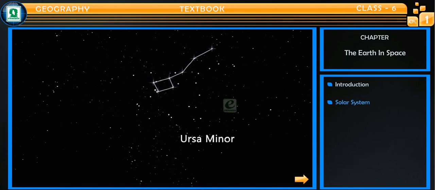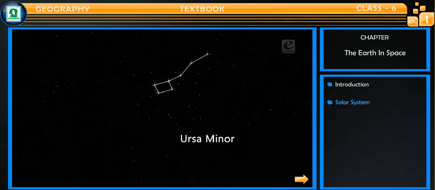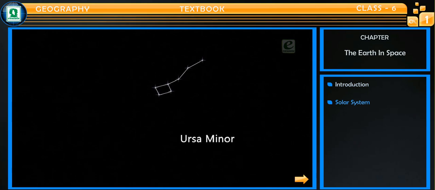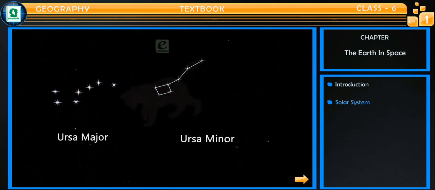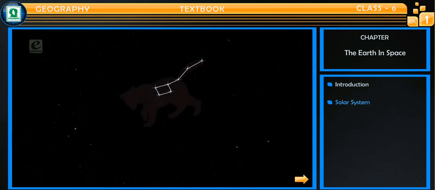The difference is that the stars in this group are close together and less bright than those in Ursa Major. But at the tail of Ursa Minor, you can find a very important star of average brightness called Pole Star, which is also known as Dhruv Tara or Laghu Saptarishi.